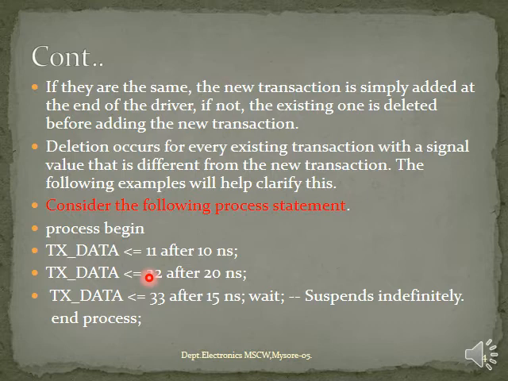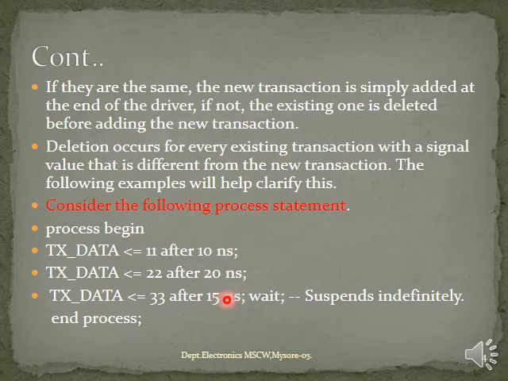Next, when time passes 20 nanoseconds, the time is greater than this one, so it replaces it with the new transaction.